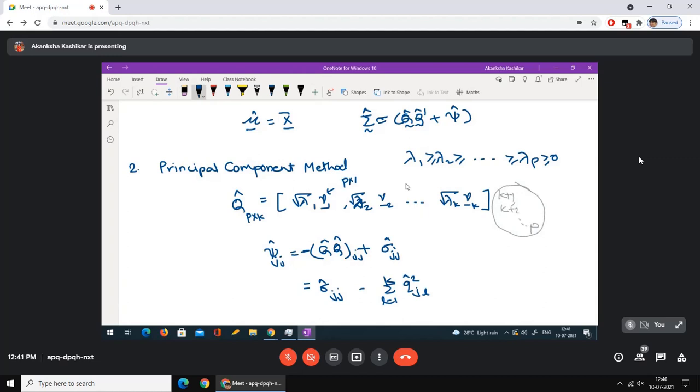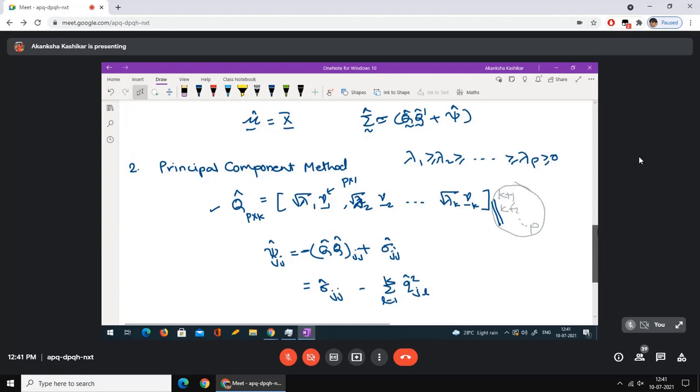This is what the principal component method says. And why this? Because we have already seen that this is a possible solution if these things are 0. So now we say, okay, they are not 0, but anyway we are interested in an approximate solution. We know that we cannot get an exact solution, so we get an approximate solution by ignoring these things. So that is the solution by the principal component method.